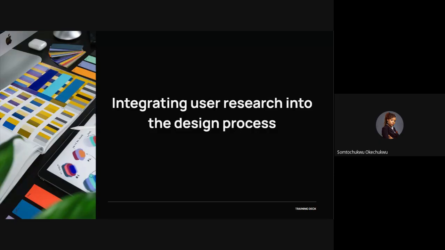Sonia, your hand is raised. Okay, ma, please, can you explain more on that exploratory research? Yes, I heard you.